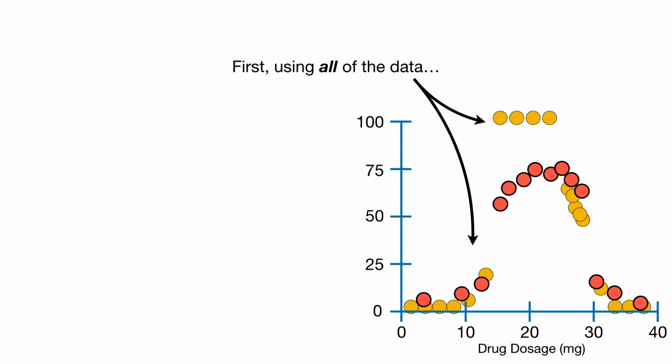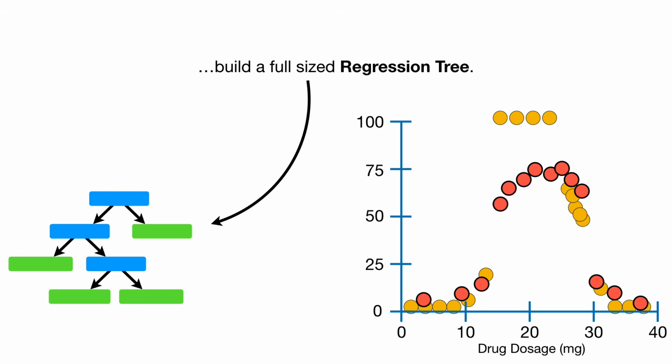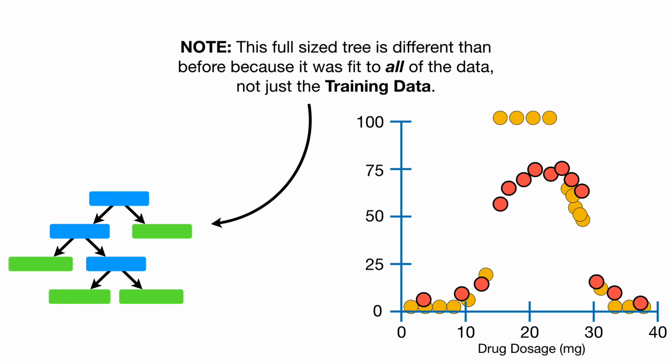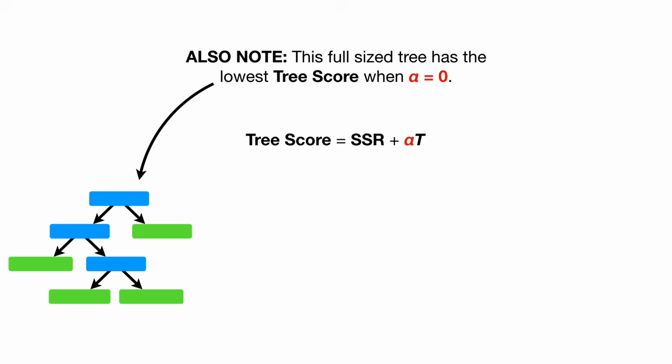First, using all of the data, build a full-sized regression tree. Note, this full-size tree is different than before because it was fit to all of the data, not just the training data. Also note, this full-size tree has the lowest tree score when alpha equals 0.